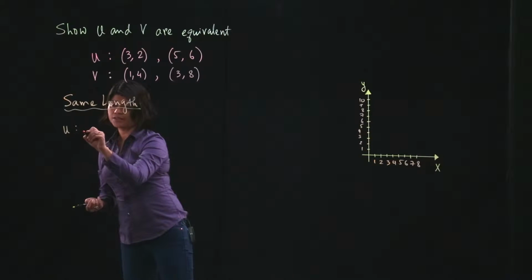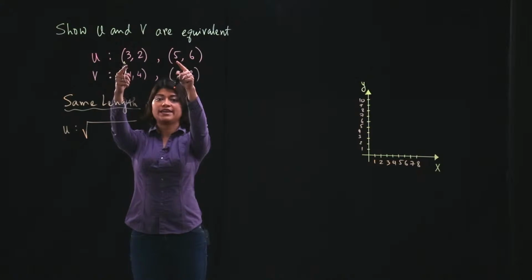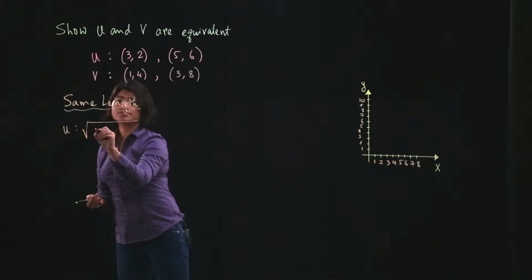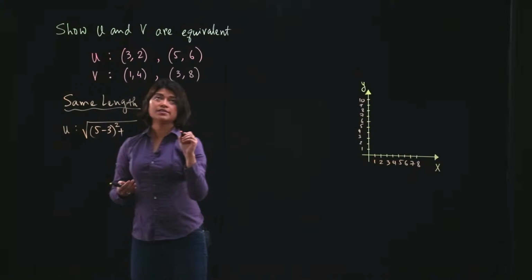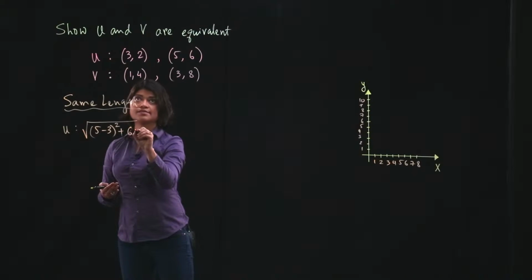Okay, so recall the distance formula is square root of, you take the difference of the x values, square that, so 5 minus 3 squared, plus you take the difference of the y values and square that, so 6 minus 2 squared.